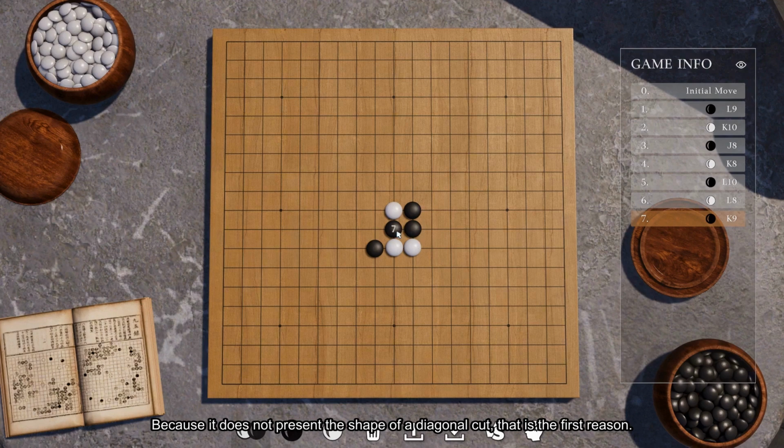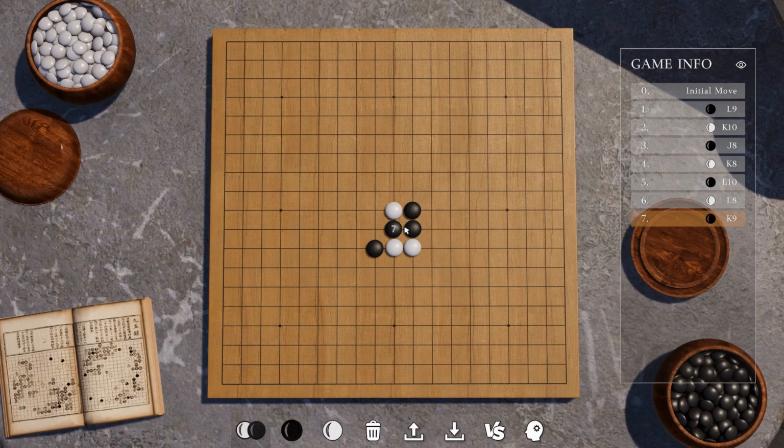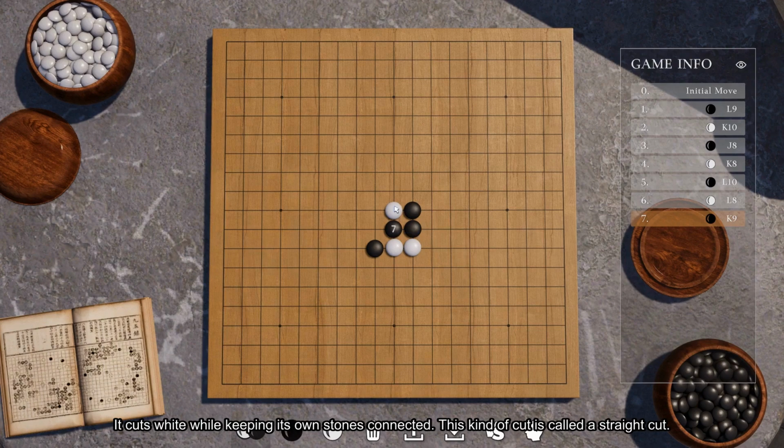That is the first reason. Secondly, we can clearly see that when black plays here, it forms a hand-in-hand connection with this stone. It cuts white while keeping its own stones connected. This kind of cut is called a straight cut.